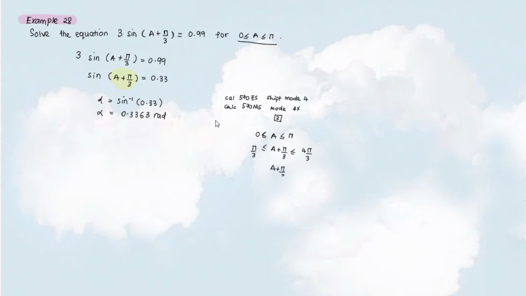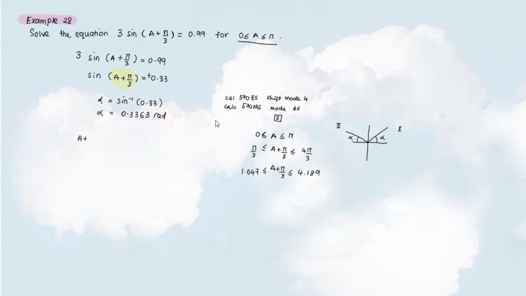Easy to see if we change it to 1.047 radian and 4.189 radian. Sine is positive, so it falls in quadrant 1 and 2.